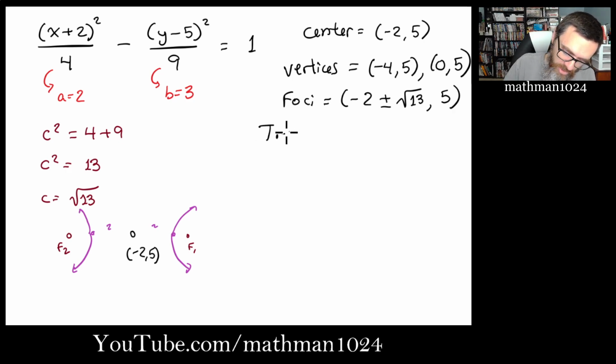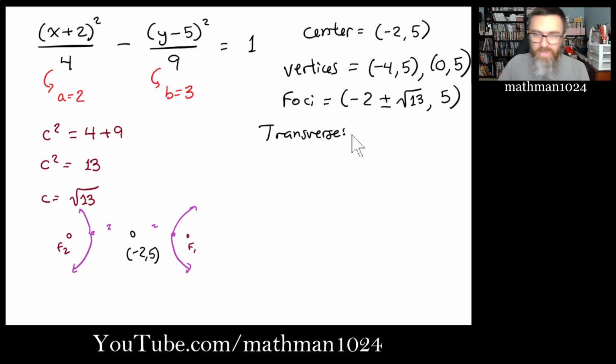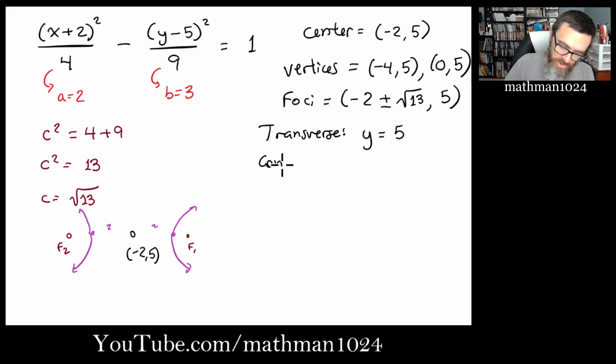Now let's talk about your axes. What is the transverse axis? The orientation tells me that my transverse axis is horizontal. Y equals, again, look here, it's 5. Which then means my conjugate axis is a vertical line going through the center. X equals negative 2.